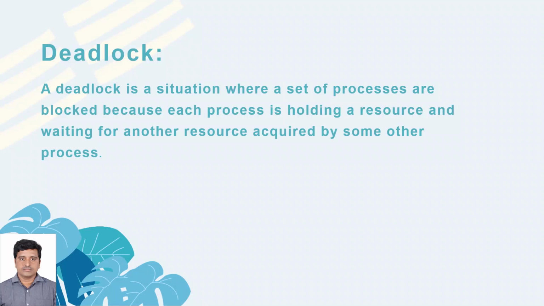If a process requests an instance of a resource type, the allocation of any instance of that type should satisfy the request. If it does not, then the instances are not identical and the resource type classes have not been defined properly. For example, a system may have two printers.